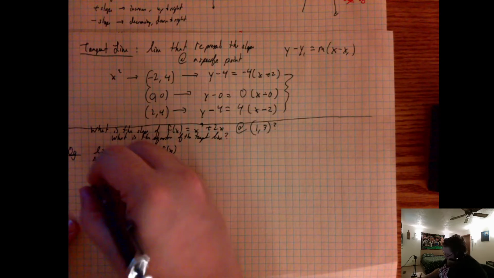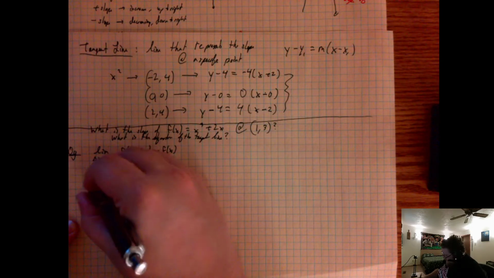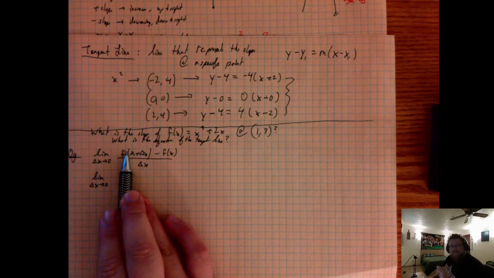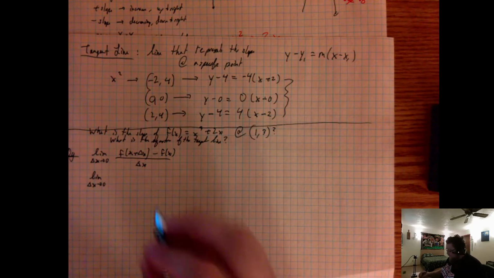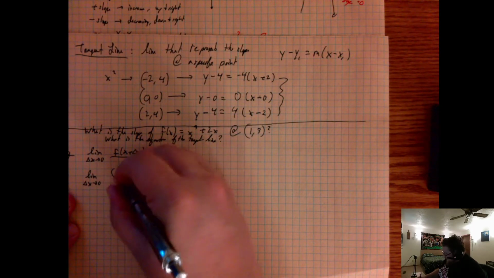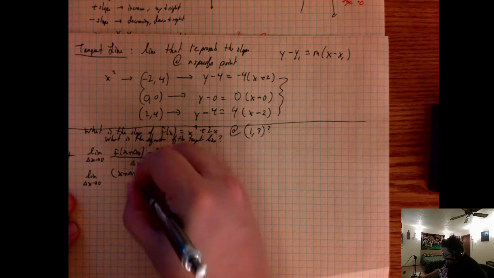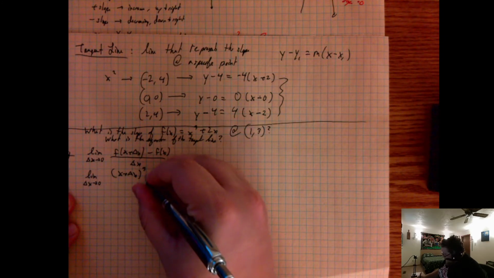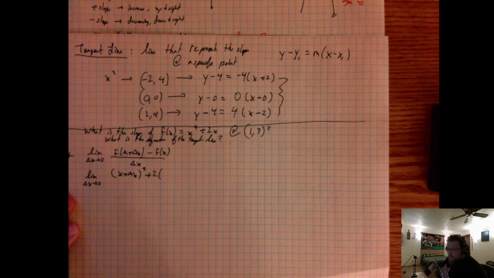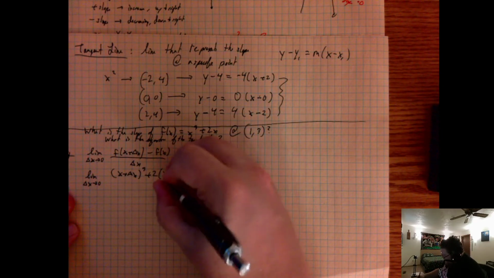So for this problem, that means I would have the limit as delta x approaches 0 of, I would take my original function, everywhere there used to be an x, I replace it with x plus delta x. So my original function had x cubed, but not anymore. It has x plus delta x cubed plus 2 times x, but not x anymore. It is now x plus delta x.